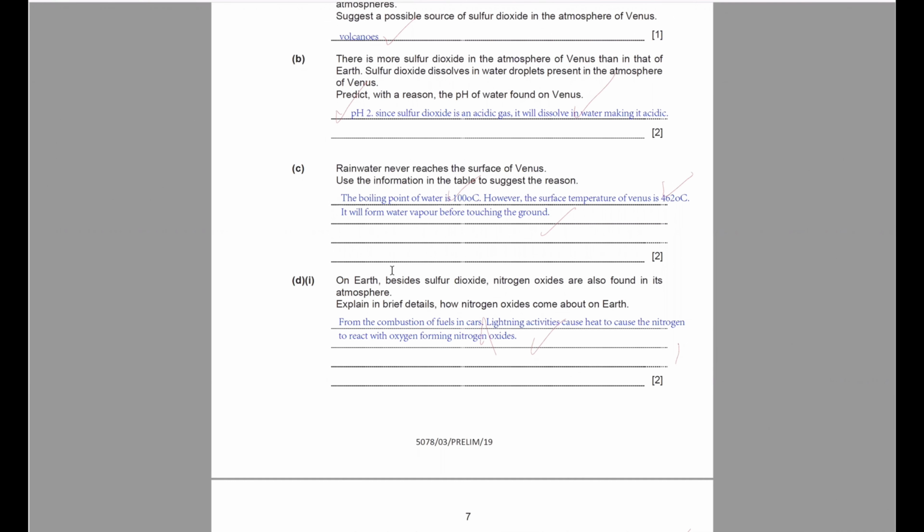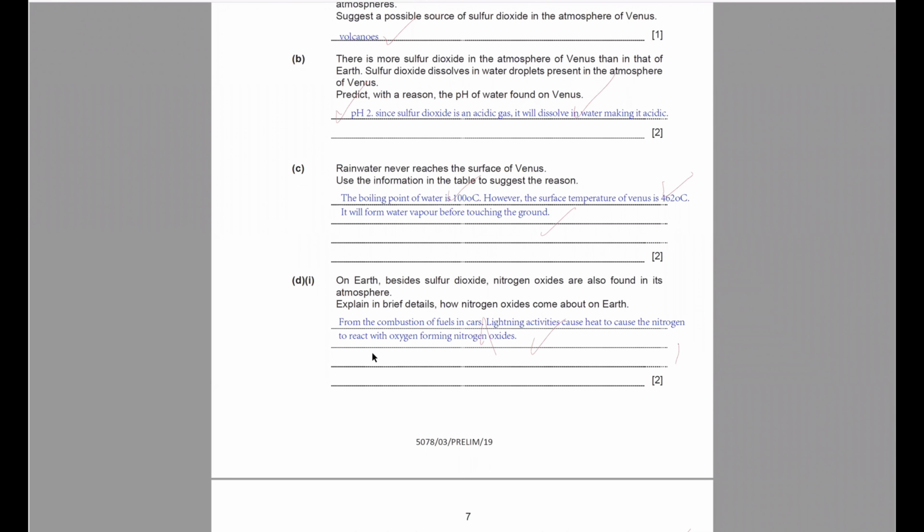Okay, so you find them in the internal combustion engines of cars. So that comes from combustion, that is the same point. Then you need to say that the high temperatures of car engines will cause nitrogen and oxygen to react. So that must be written.